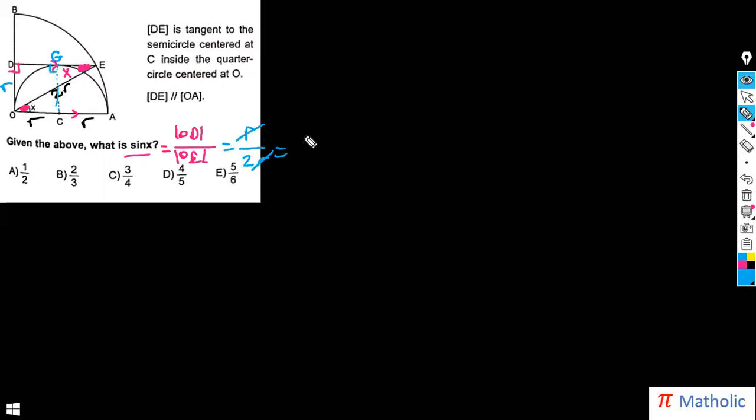If we simplify, we'll get 1 over 2. I think this is the easiest one so far. Yes, this was the easiest one.